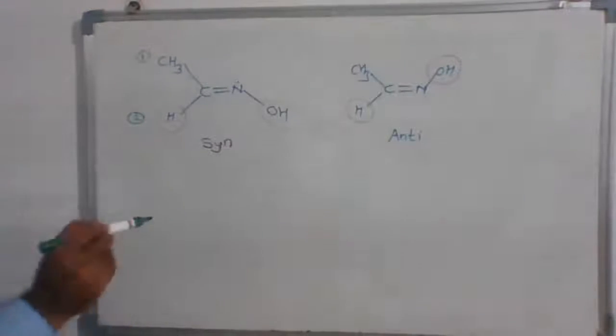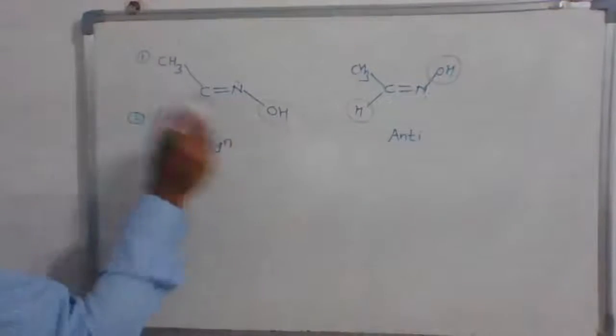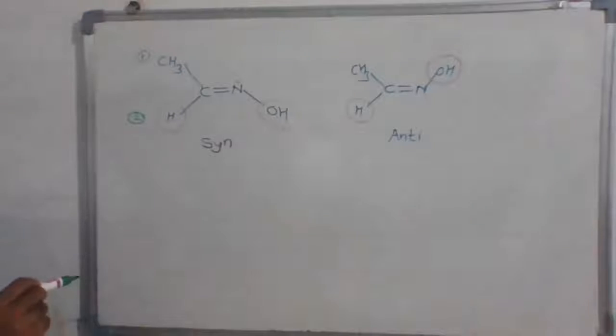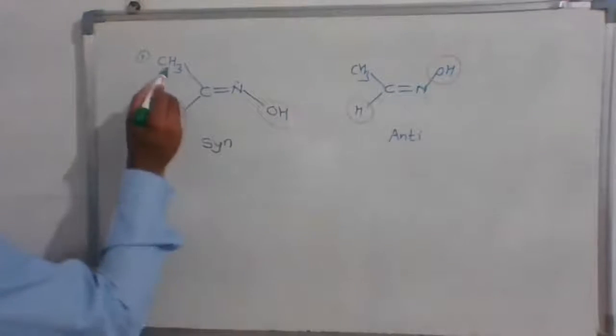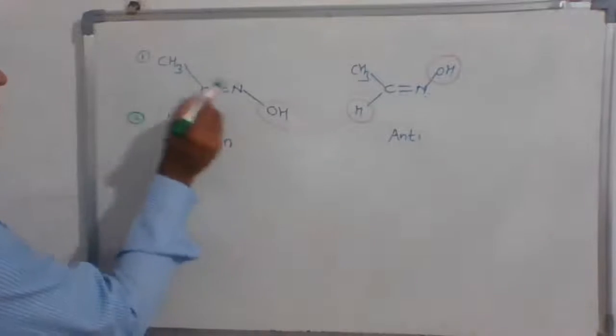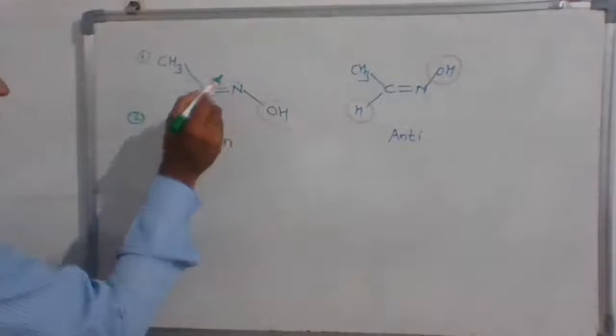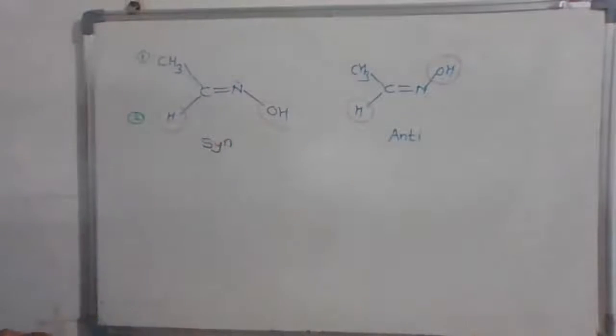If we compare the priority, then when methyl and OH are on the opposite side, then it is syn. Or you can say when methyl and lone pair are on the same side. When methyl group and lone pair on nitrogen are on the same side, then it is syn isomer.